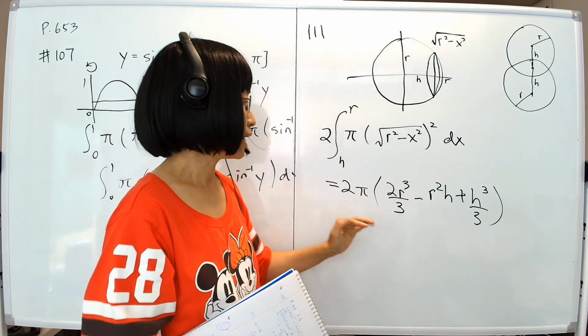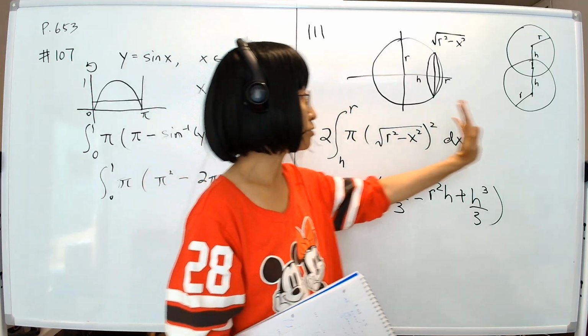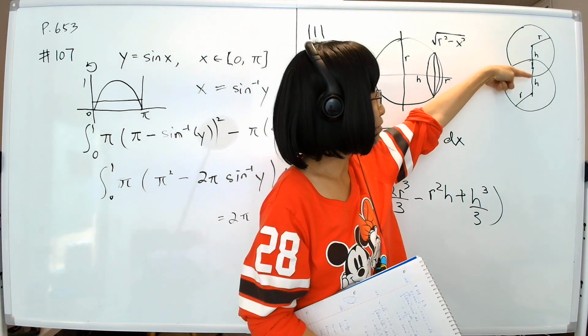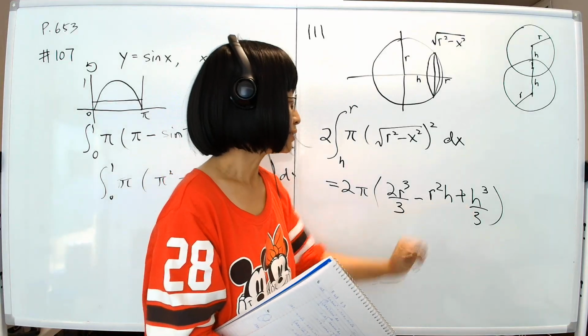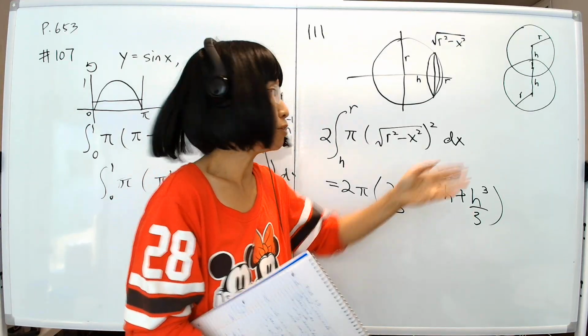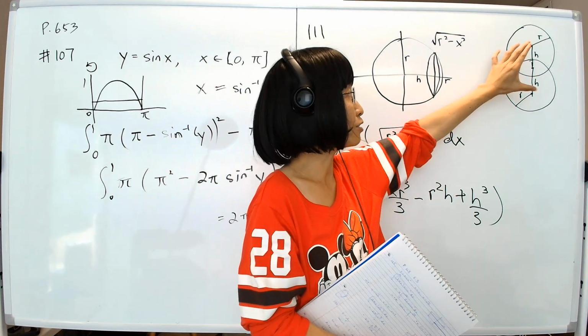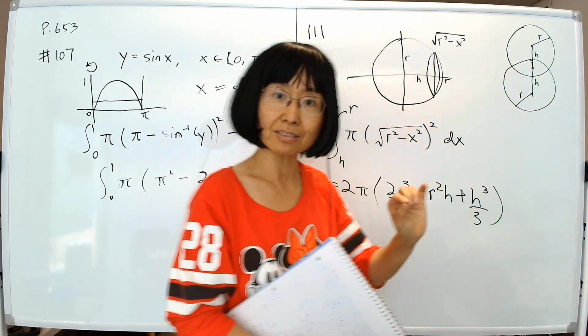So that's right. And then if you let h go to r, so that the two spheres are only touching each other, then there won't be any volume, right? If h gets to be as big as r, this goes to 0.